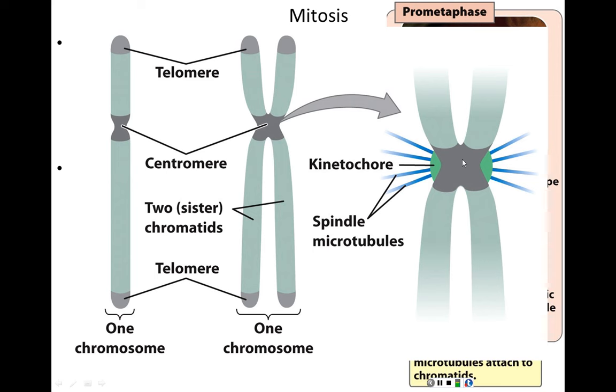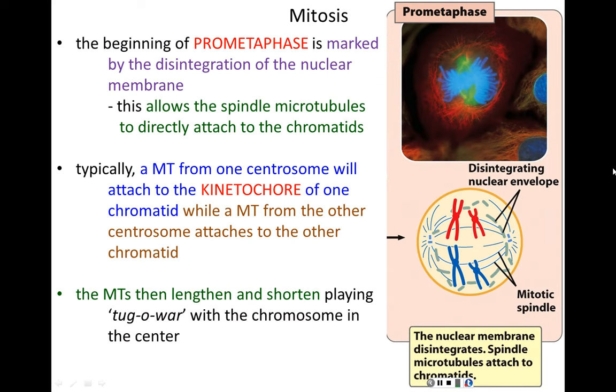So now we have this one chromosome attached or tethered on both ends by microtubules attached to centrosomes on either side of the cell. That's what we mean. And then an interesting thing happens. The microtubules coming from opposing centrosomes begin to lengthen and shorten, playing a sort of tug-of-war game with each other, with the chromosome in the middle being the flag on the rope.